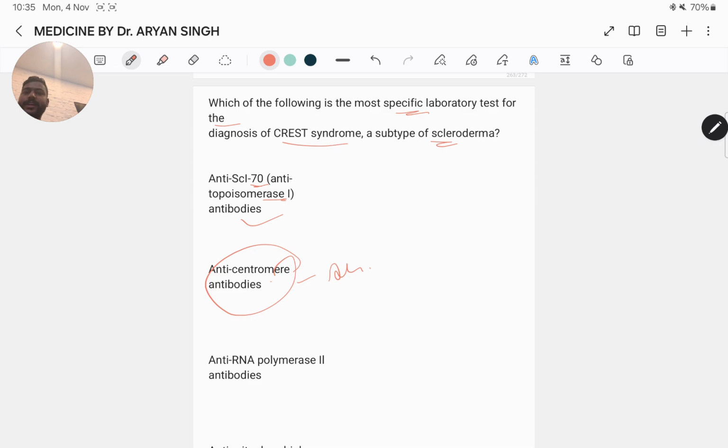The syndrome is a limited form of systemic sclerosis characterized by calcinosis, Raynaud phenomenon, esophageal dysmotility, sclerodactyly, and telangiectasia. Anti-centromere antibodies are detected in approximately 60 to 80% of patients.